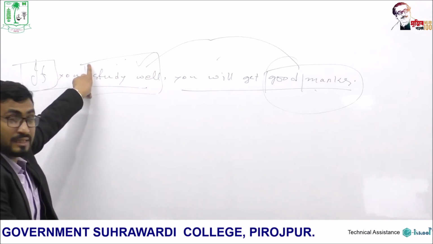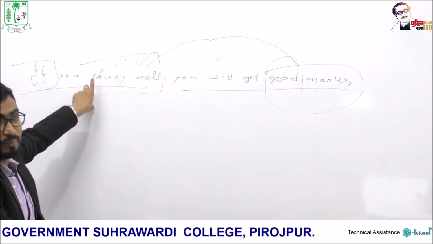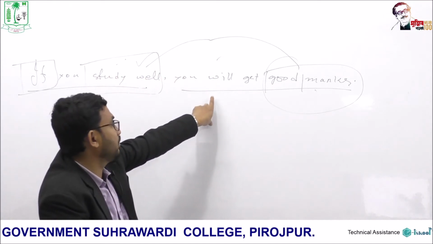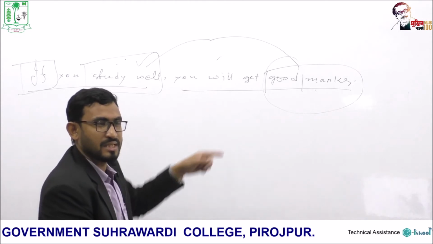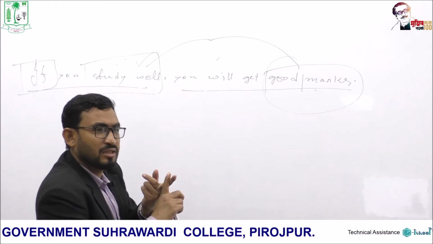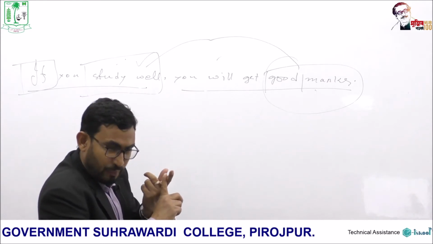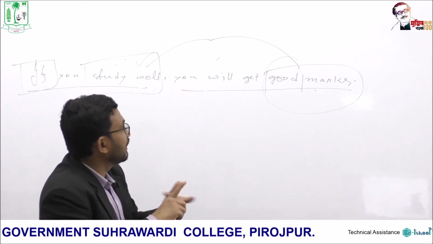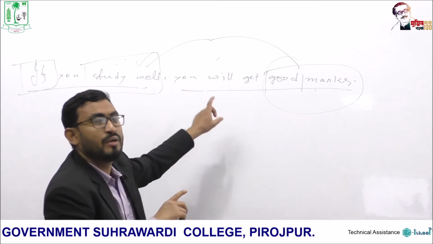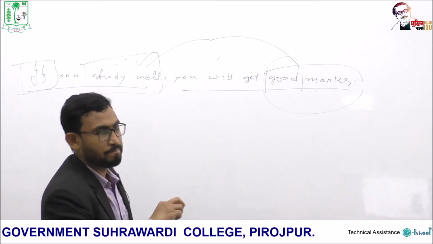The clause that contains if is the dependent clause, and the remaining clause is the principal clause. So again bear in mind, in a conditional sentence, the if clause is the dependent or subordinate clause, and the other clause is the principal clause.